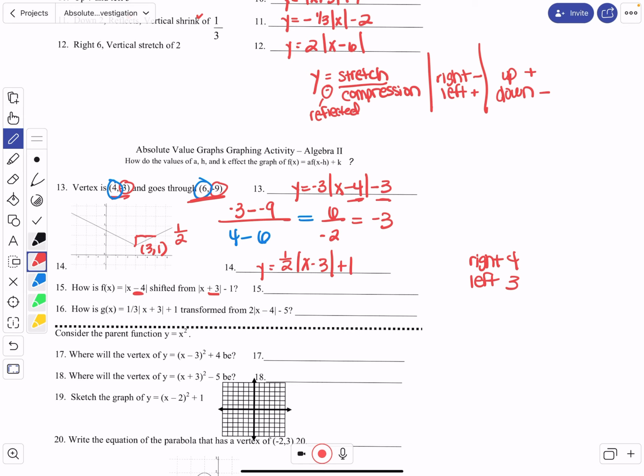So we moved 7 to the left. Because if you think about this being on a number line, we were right 1, 2, 3, 4, and then I ended up being over here. So we went 1, 2, 3, 4, 5, 6, 7. I went to the left 7 units. And then I just basically went down 1 because there was nothing on the outside here.